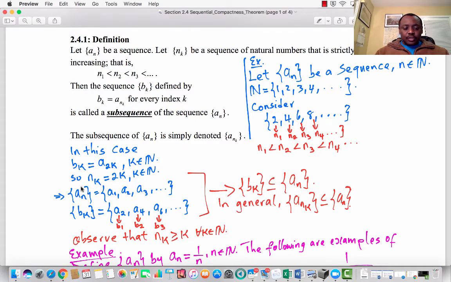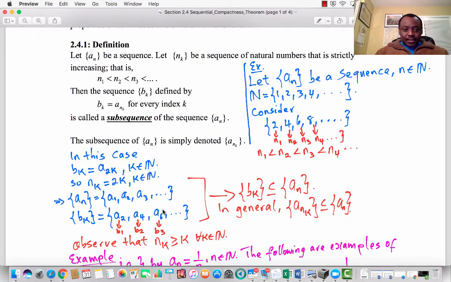The terms of the sequence a_n are a_1, a_2, a_3, and so on. And the terms of the sequence b_k, which is a_{n_k}, would be a_2, a_4, a_6, and so on. So we can see here that b_k is a subset of a_n.